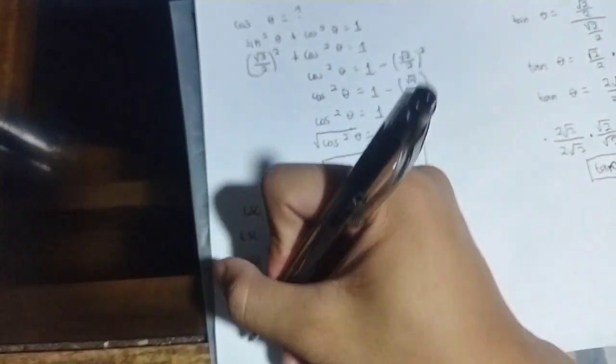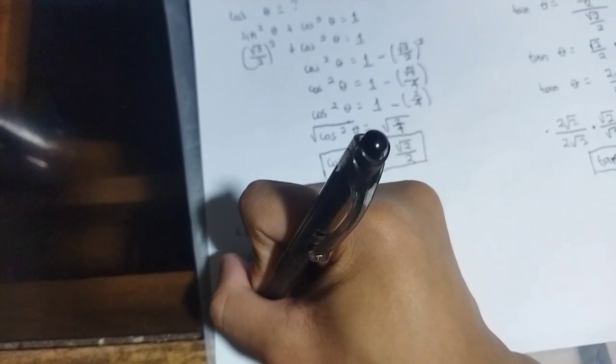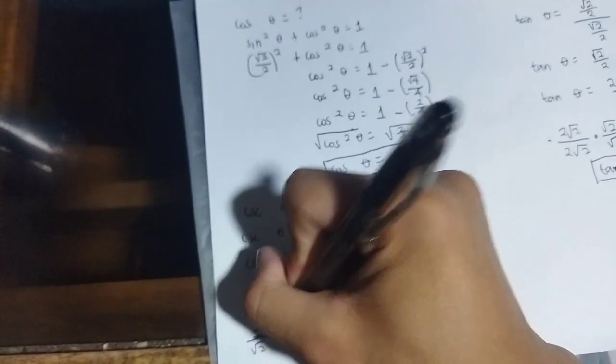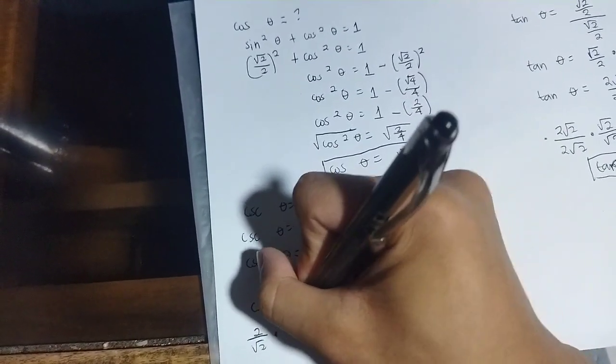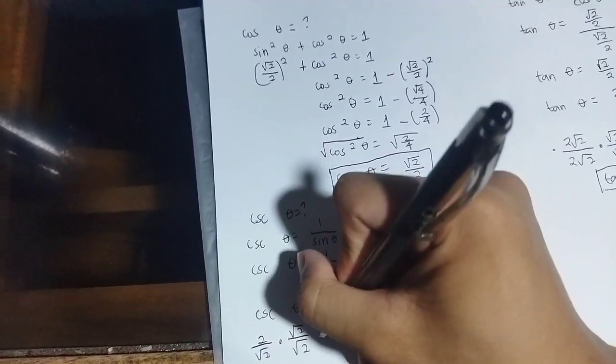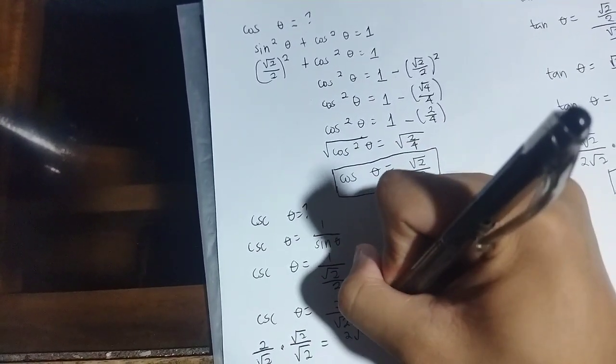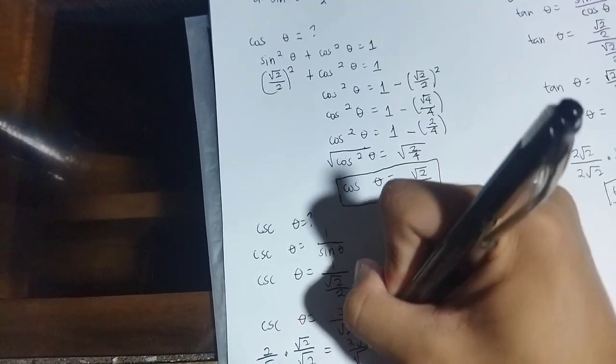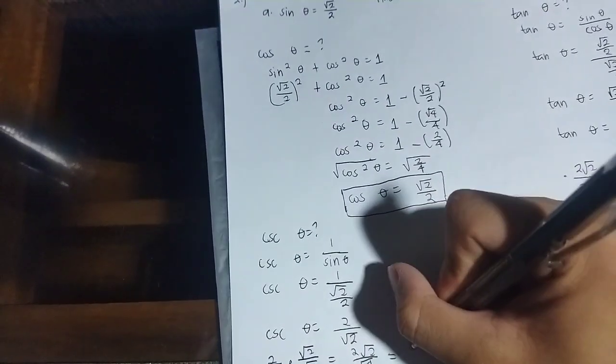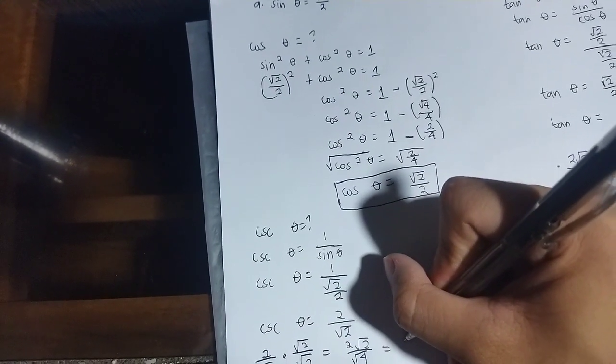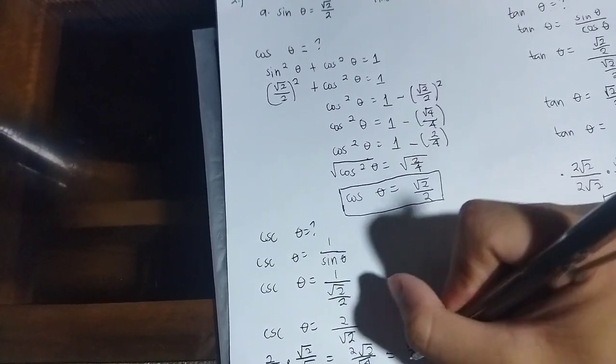Then rationalize. So we have 2 over square root of 2 multiplied by square root of 2 over square root of 2. So we have 2 square root of 2 over square root of 4. Then we have 2 square root of 2 over 2.